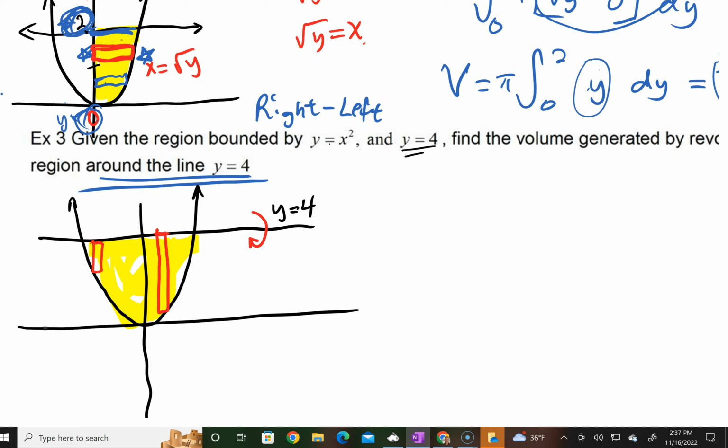The only reason I'm doing this is right now I've got to think, is this problem with respect to x or with respect to y? Look at that rectangle. To find its length, do we do top minus bottom or right minus left? Top minus bottom.